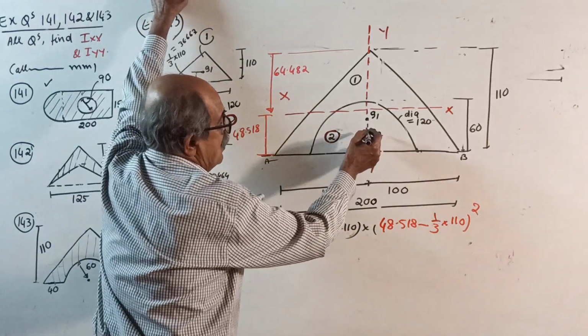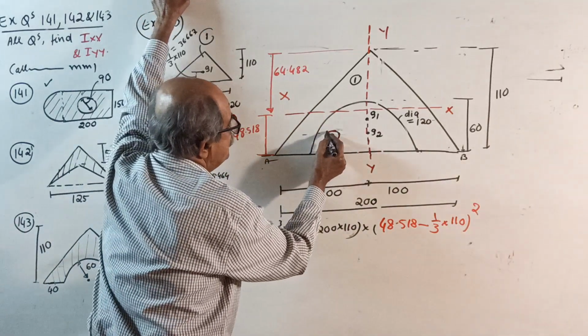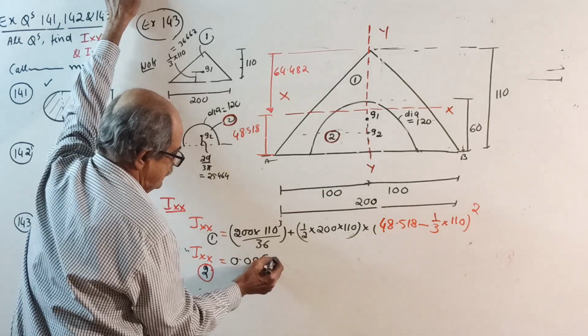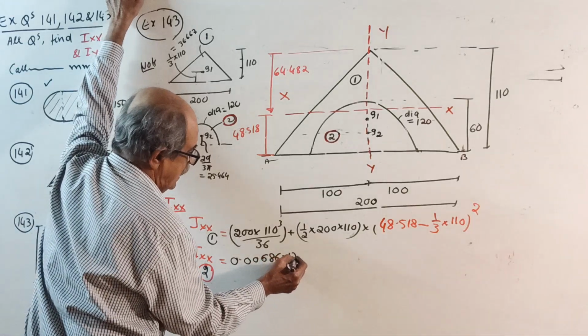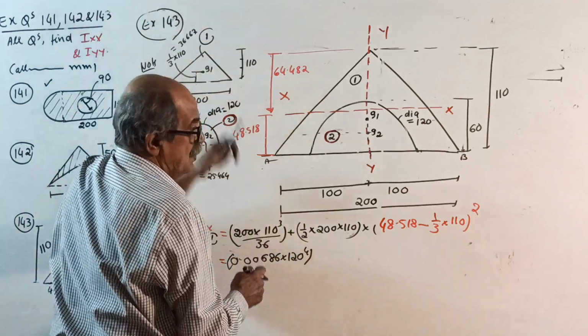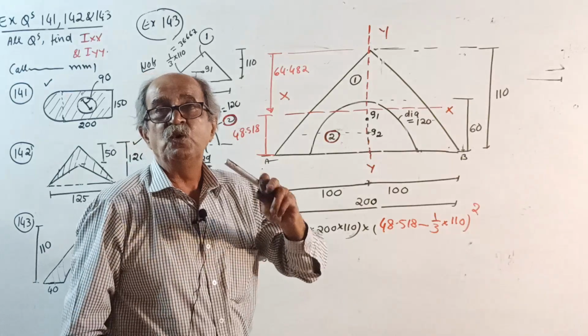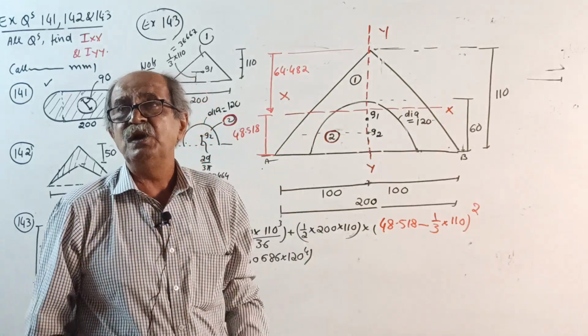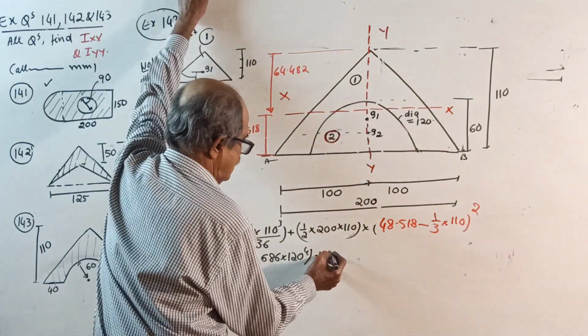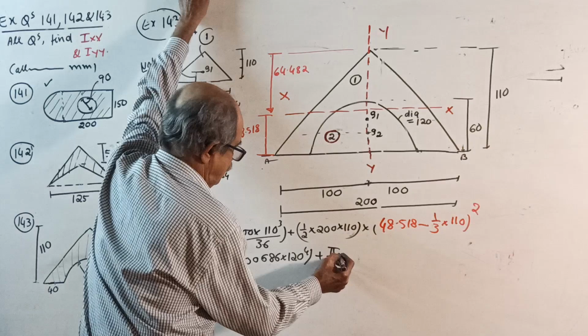Ixx for 2 quadrant. I about its own center of the axis. That is 0.00686 into 120 power 4. Sorry, I will not tell why this is 0.00686 and when you go to Iyy, why it is pi by 128. Sorry, I will not tell it. Plus area, pi by 8 of 120.